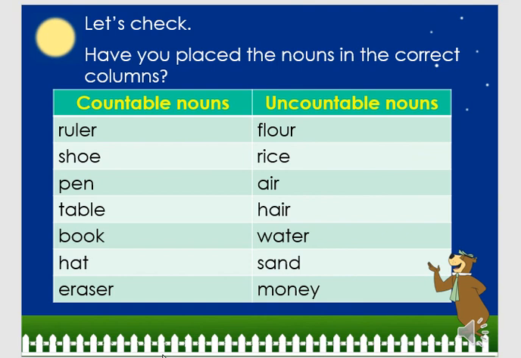Like we say, I have $10 in my piggy bank. $10 is not the quantity, but it is the value of money that you have in your piggy bank. Alright? So we are not able to count money as in I have 1 money, 2 money, 3 money, and so on. So money is actually an uncountable noun.